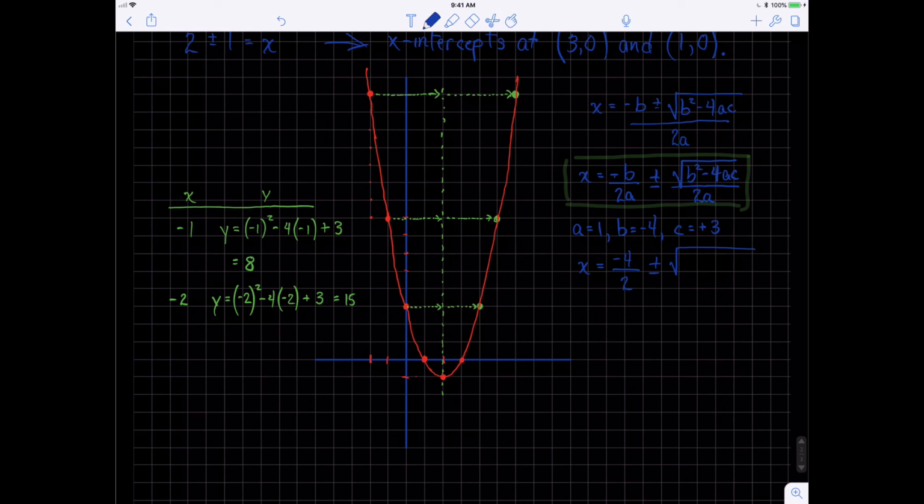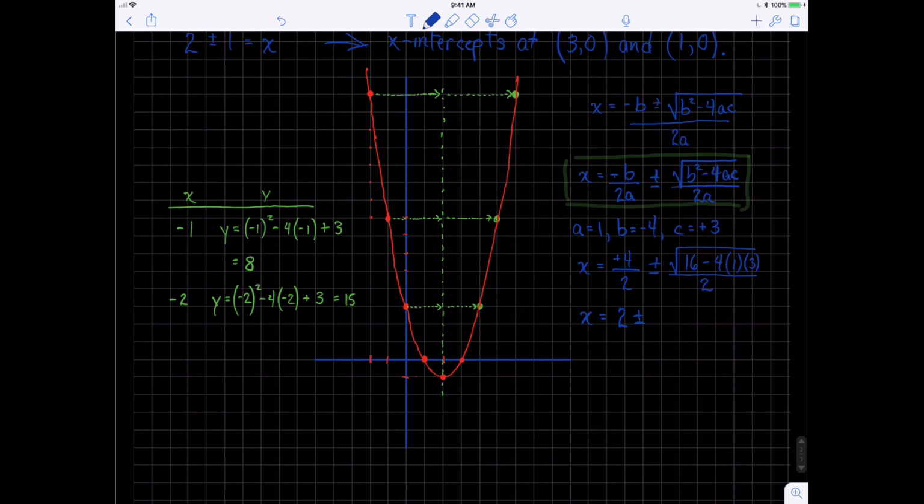If we square -4, we have 16, minus 4 times 1 times 3, over 2 times a. Well, that's 2. Now, here's the interesting part. -4 divided by 2 is, oh, whoops. This should be a positive, because remember, it's minus b, so there we go. So this should be a 2 plus or minus.